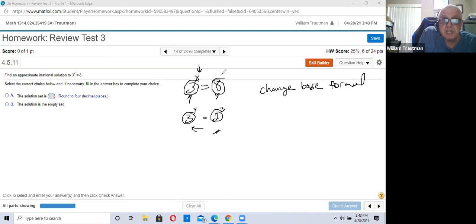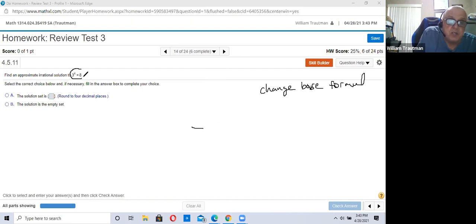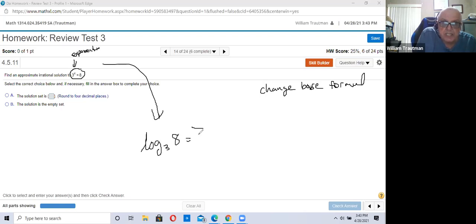In order to use it for this one, we have to put it back into log form. This is in exponential, there's no log here. We're going to change it to log form, and this is the way the log form looks. Log of the base is 3. It equals 8, and we get an X here.